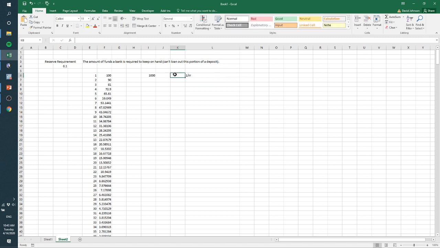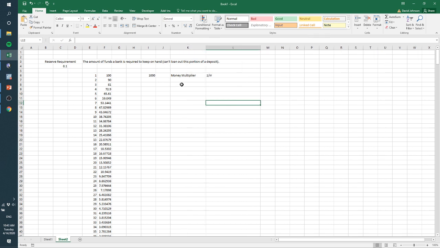And so this right here is the money multiplier. R is equal to the reserve requirement. All right, so this is a simple money multiplier.